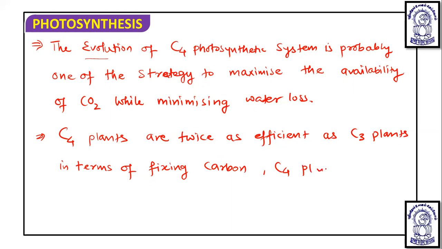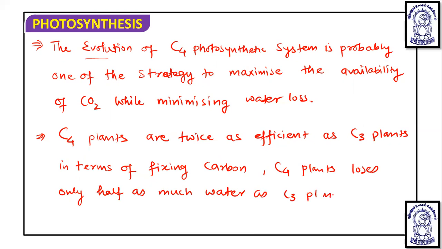It is also known that C4 plants lose only half as much water as C3 plants for the same amount of CO2 fixed.